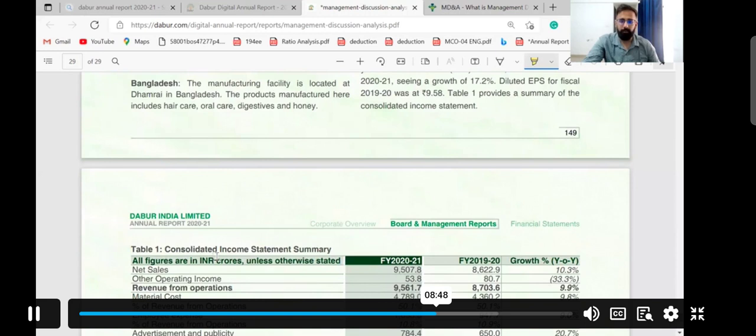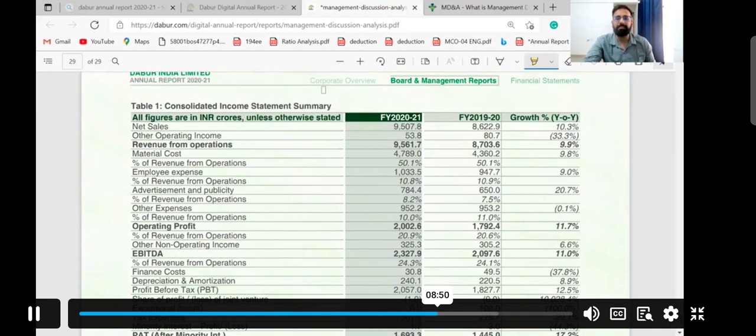Here, they have provided you the consolidated income statement summary. So you will be getting the income statement of all the branches. Here, sales information is given. We have already seen that Dabur is able to achieve sales of 9,507 crore rupees.